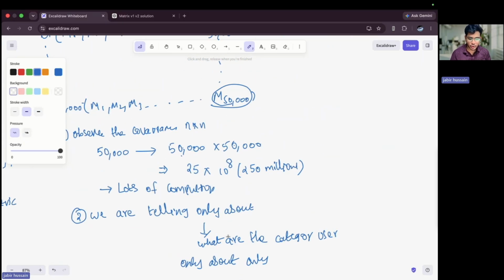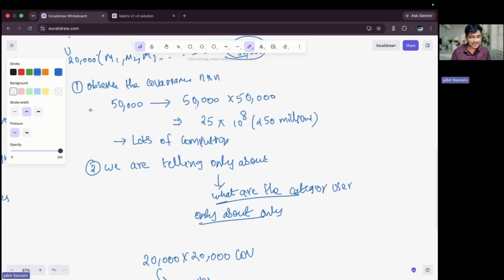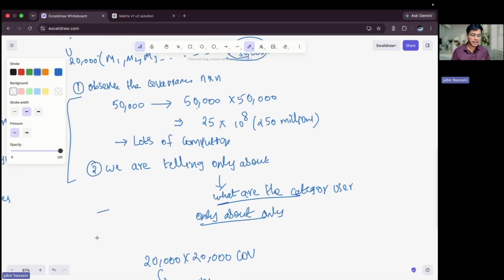This tells about how users are behaving with respect to movies. So these are two different implementations. I have to do two different implementations to tell about users and about movies.